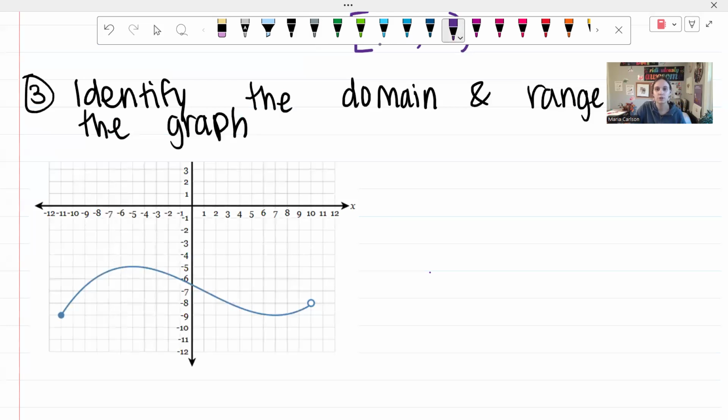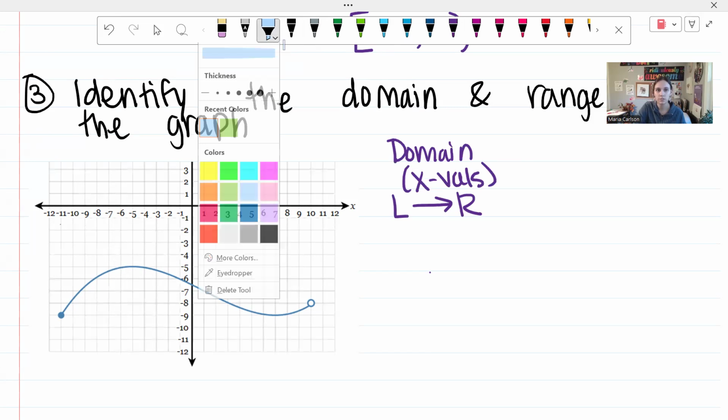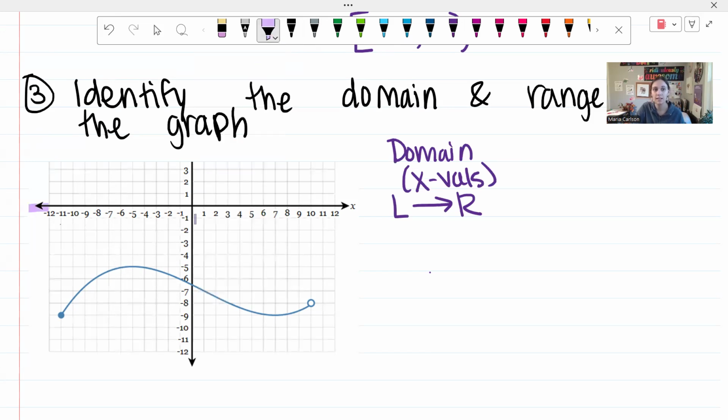So let's start with our domain, which is explicitly talking about those x values from the left to the right. So I'm going to find my smallest x value, which if I'm looking on the x-axis, the smallest x value I have is -11.